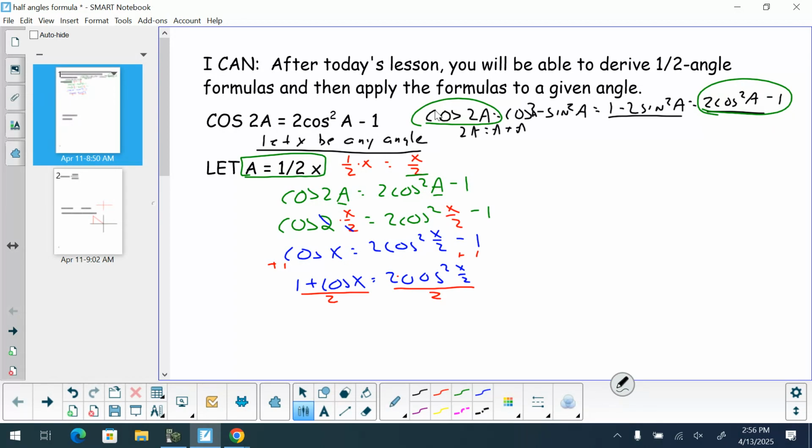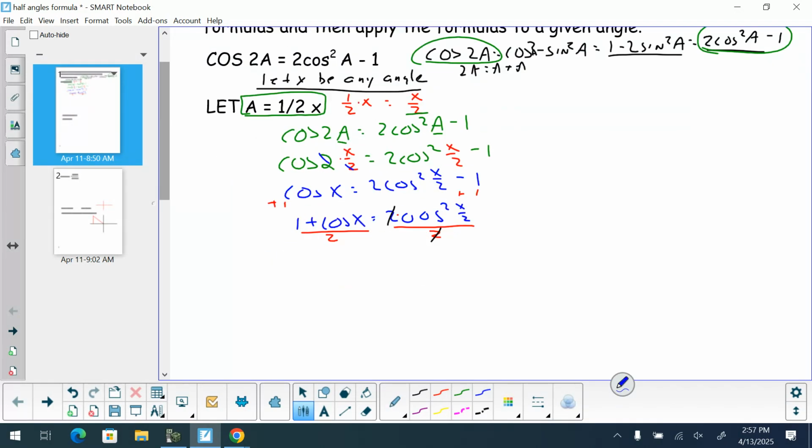So these go away. What we're left with is the cosine squared of x over 2 is equal to 1 plus cosine of x, all divided by 2. I just switched sides because what we're trying to ultimately solve for is a formula for the cosine of half x.